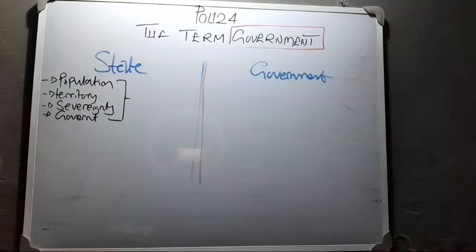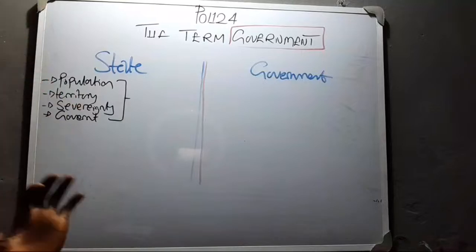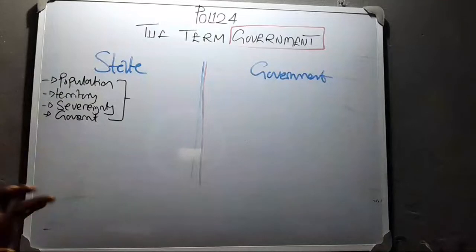A state has these 4: population, territory, sovereignty, and government. All right, 4 basic elements.